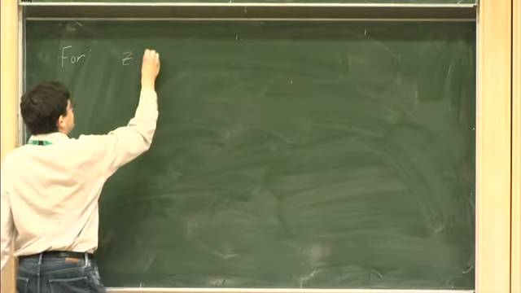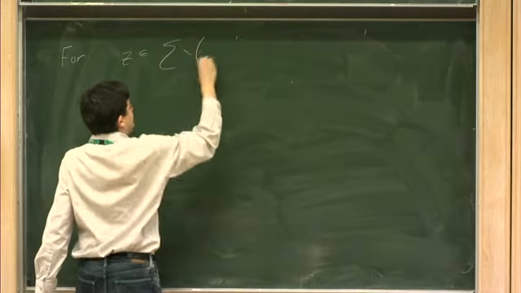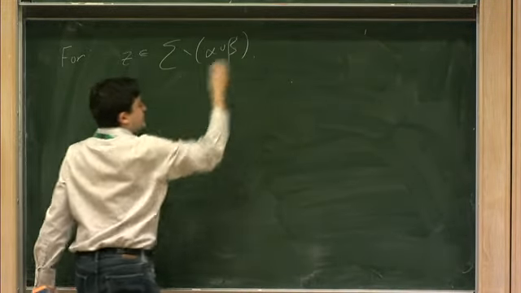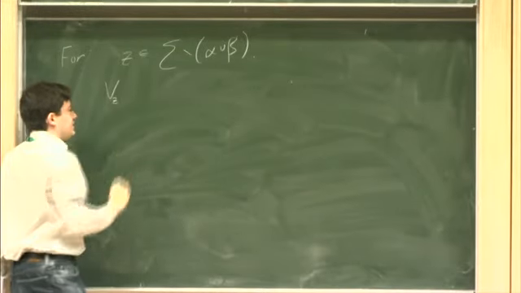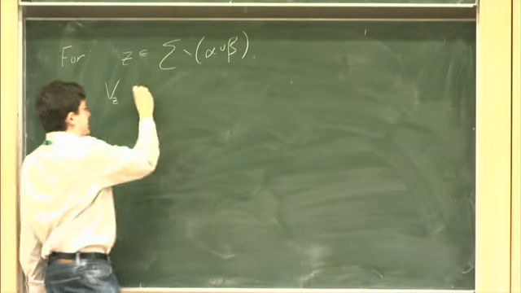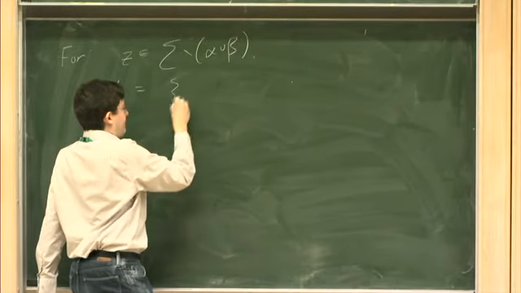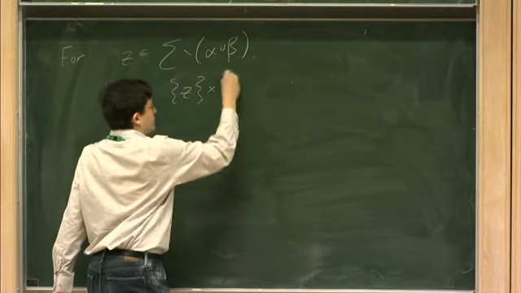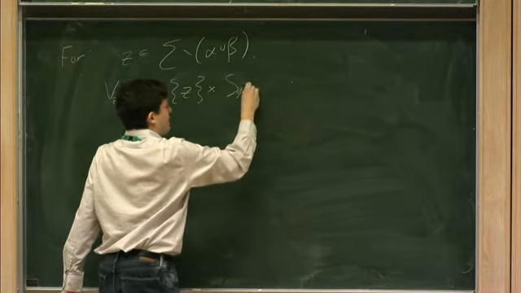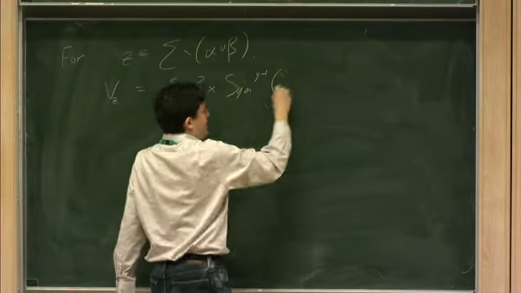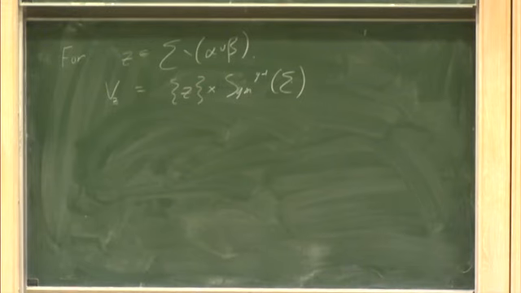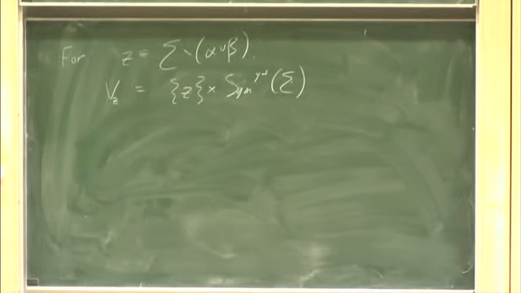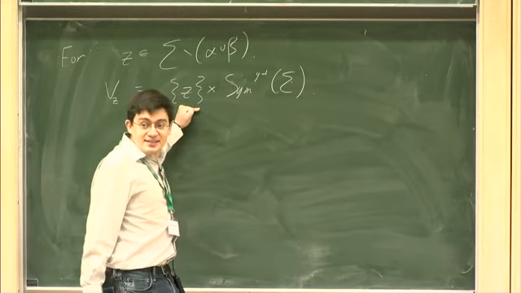But so for any point z in sigma that's not on the alpha or beta circles, let v sub z be the subvariety of Sym^g of sigma, which is defined by forcing at least one of your g coordinates to be equal to that z, right?